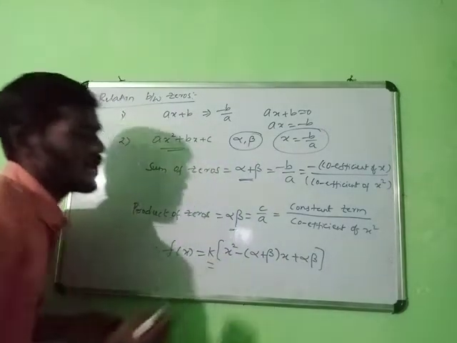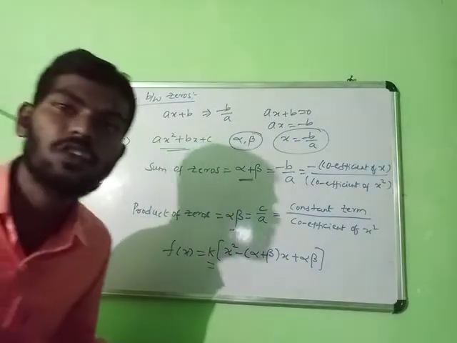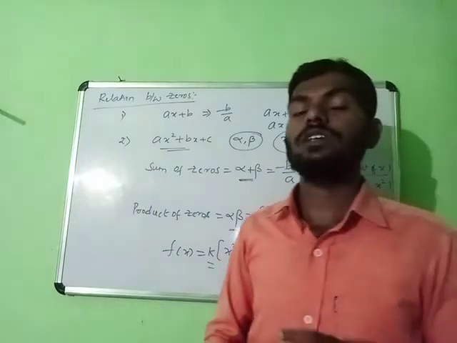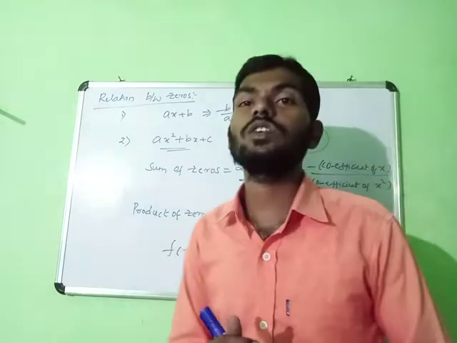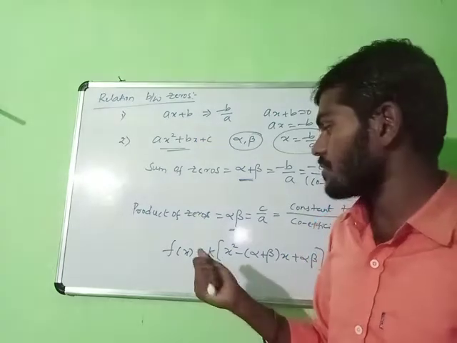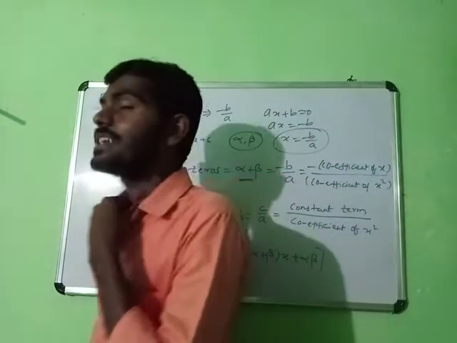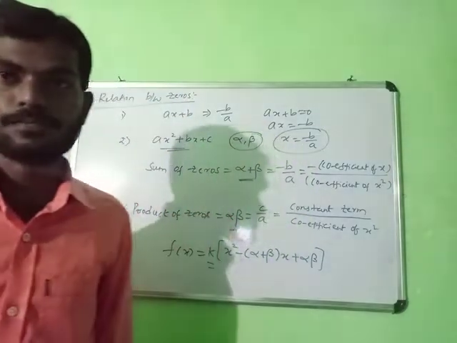Here k is a constant. This is the formula to find the polynomial if the zeros, or the sum and product of zeros, are given.